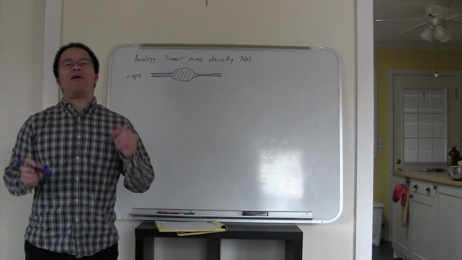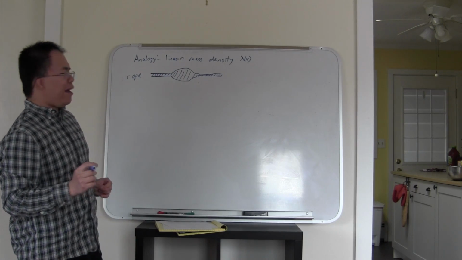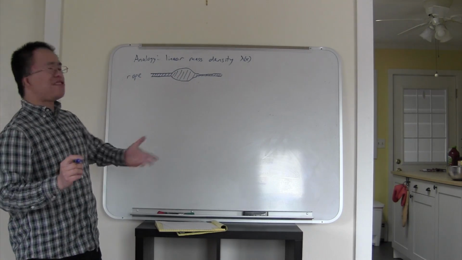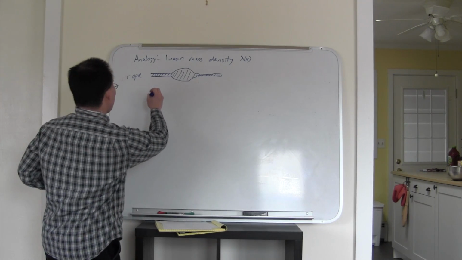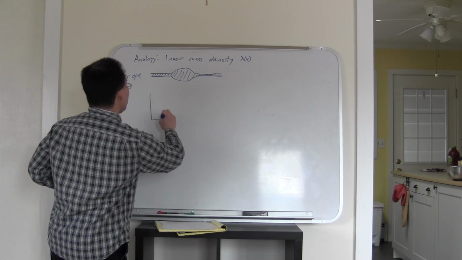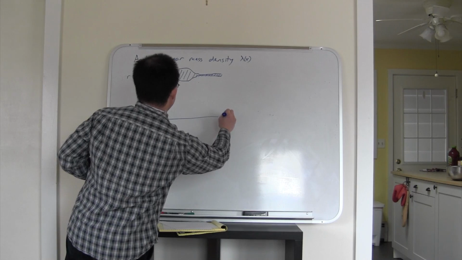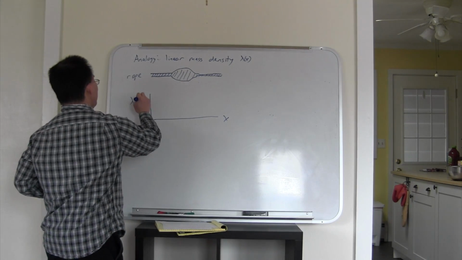If we assume that our rope is made of the same material throughout, then I can think of its linear mass density as the mass per unit length. And if I graph that, it might look something like this. I have x here, and I have my linear mass density.